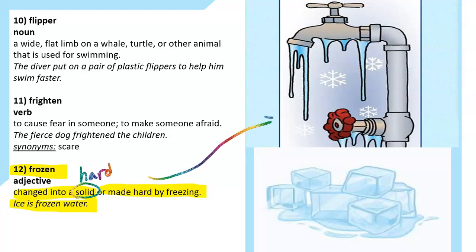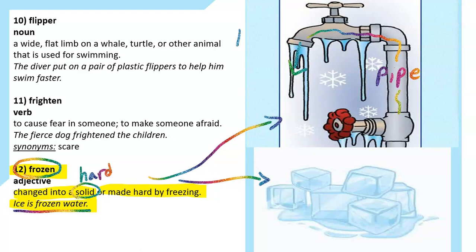So, here in this picture, there is a water pipe. This is the pipe, and inside this pipe, there is water. But when it gets too cold, the water is frozen. If your pipe is frozen, the water cannot come out anymore. And of course, we know that ice is frozen water.